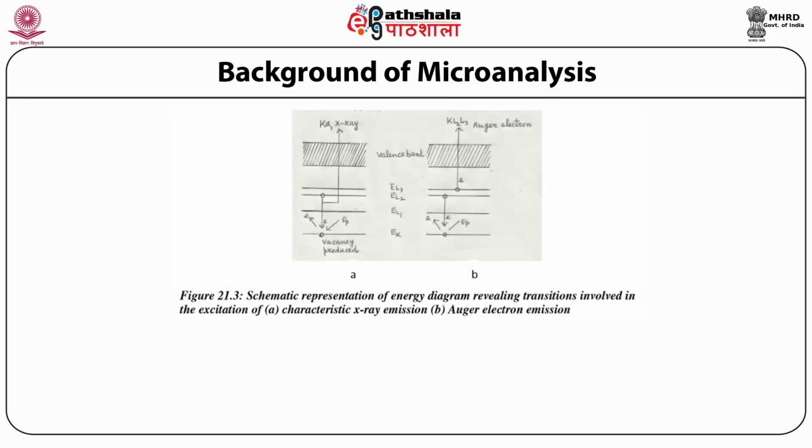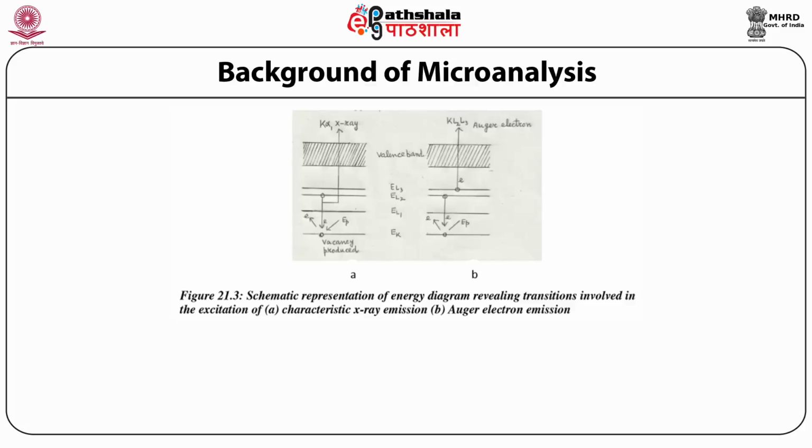Figure 21.3 is a schematic representation of energy diagram revealing transitions involved in the excitation of A. characteristic X-ray emission and B.